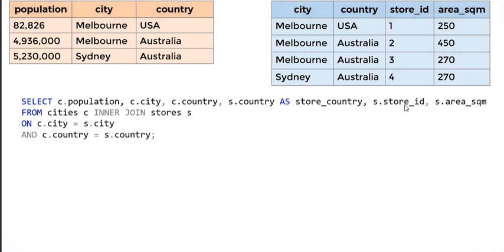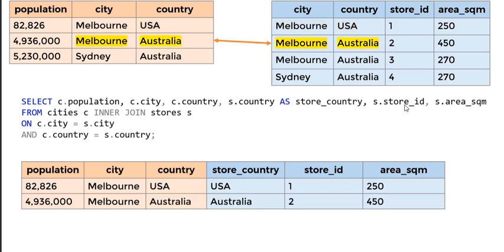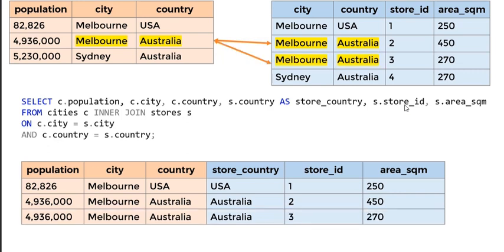Let's go further and see which rows get matched when we join on both city and country. Melbourne, USA gets joined to store 1. Melbourne, Australia gets joined to Melbourne, Australia for store 2 and also for store ID 3.